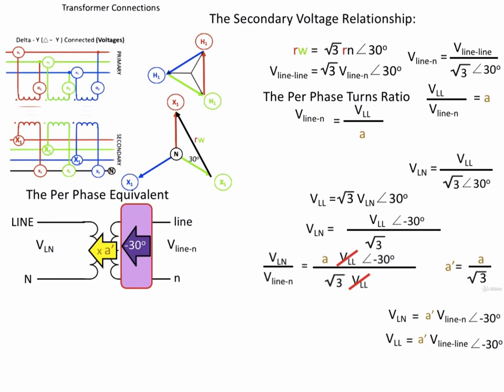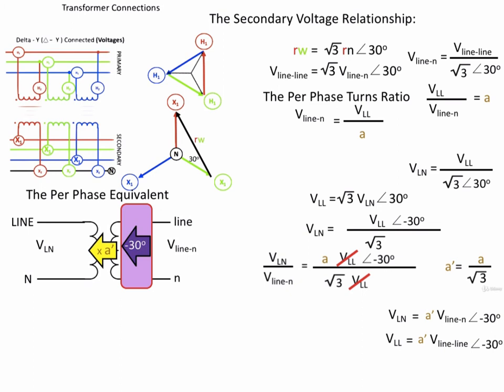Now remember, the A primed is the regular turns ratio of the individual transformer windings divided by root 3. And the second operator that we have to be concerned about is the phase shift that happens with the voltage going through the transformer.